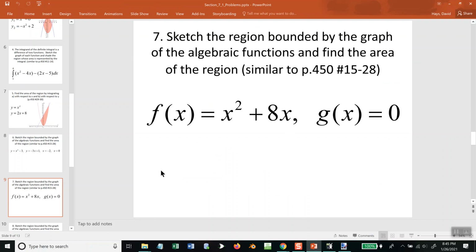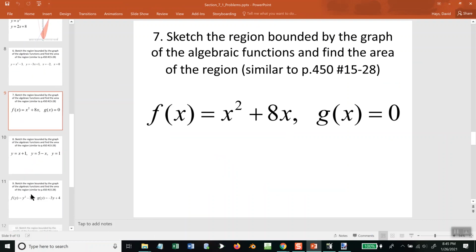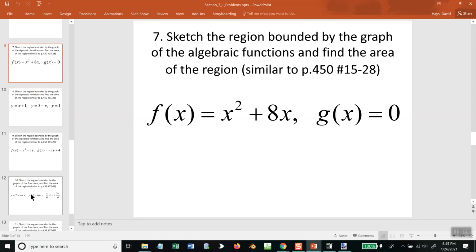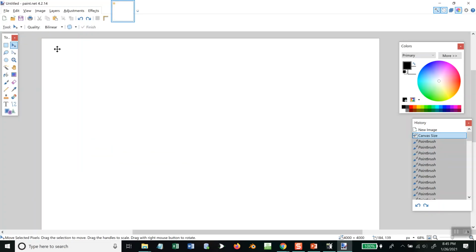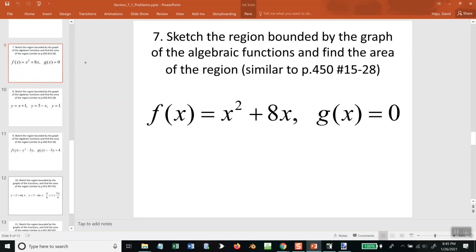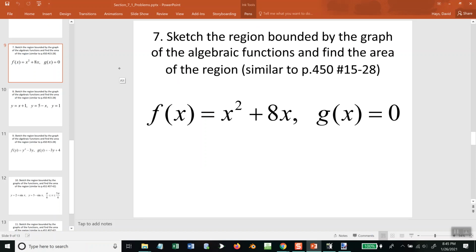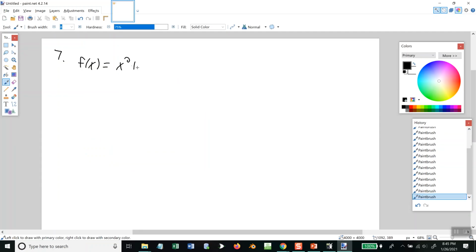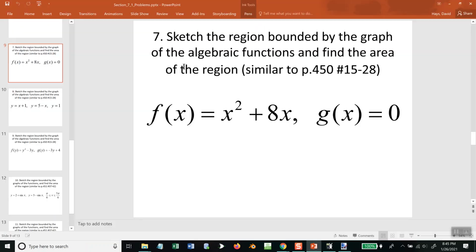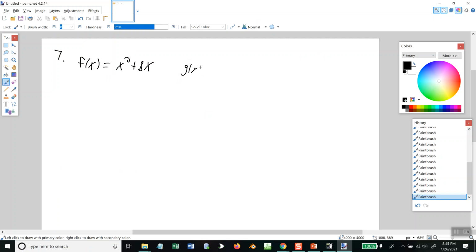Okay, let's take a look at this one. We've got f of x equals x squared plus 8x, and g of x is equal to 0.